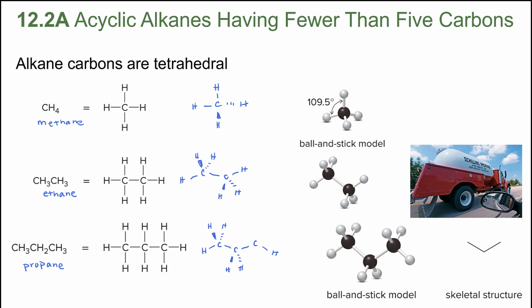And all of these have 2 atoms in the plane, 1 wedged, 1 dash. Okay, the skeletal structure for propane is just the 3, it looks like a V, but you have 1, 2, 3 carbon atoms.